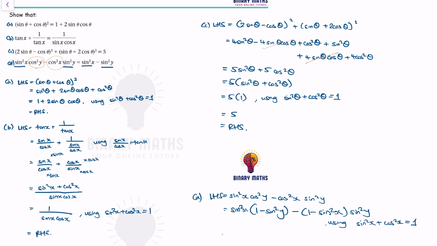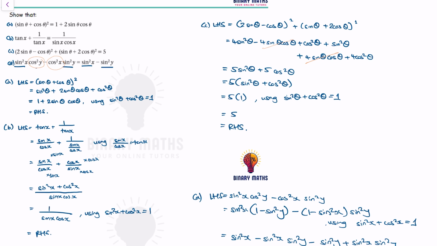Okay, which means if I expand it, I get sine squared x minus sine squared x sine squared y. Take away, if I expand the second bracket, I get minus sine squared y plus sine squared x sine squared y.